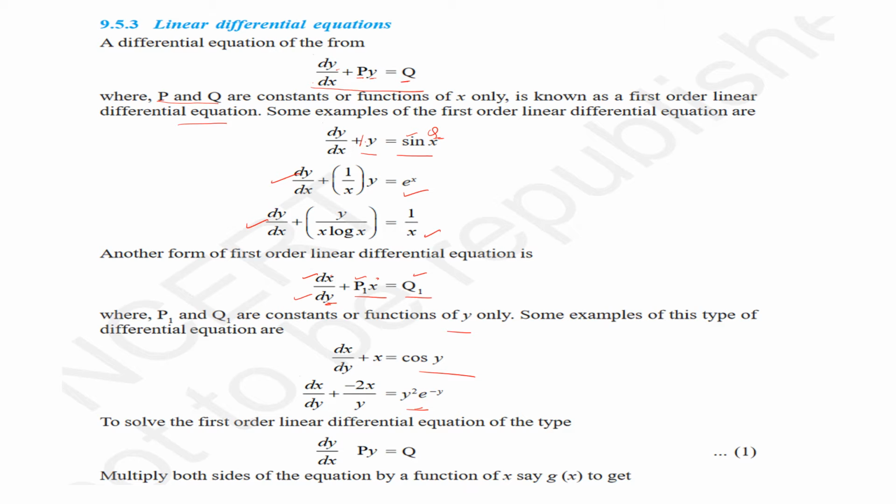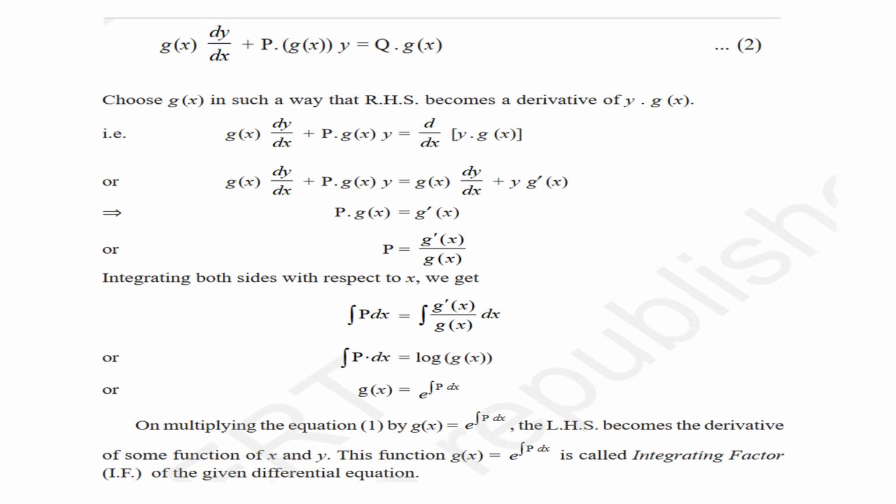And to solve a first order linear differential equation of this type, dy by dx plus py is equal to q, what we do first is multiply both sides of this equation by the integrating factor. We will search out the integrating factor.